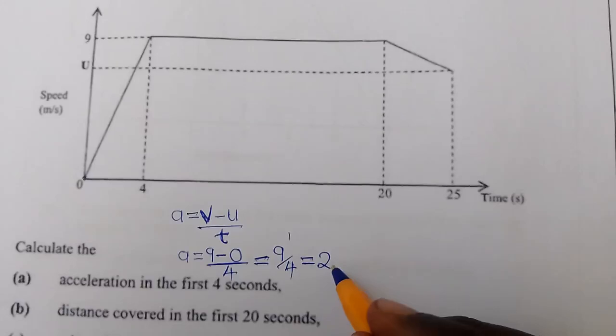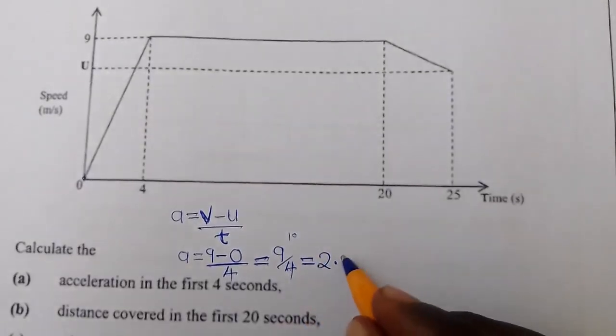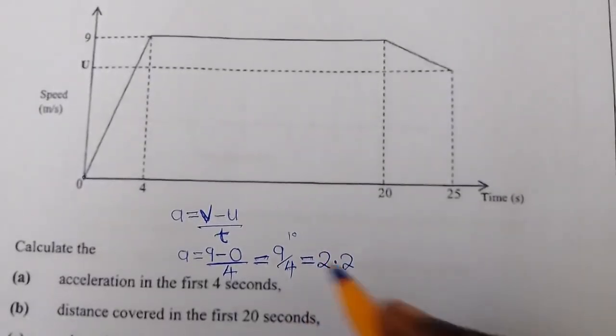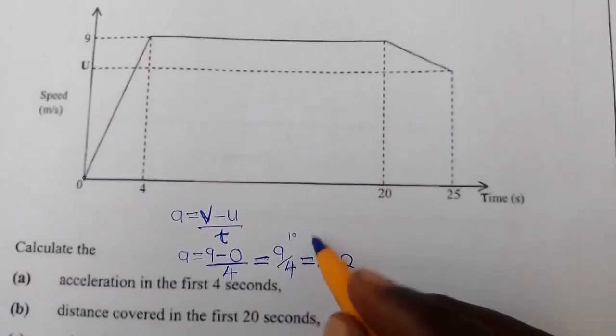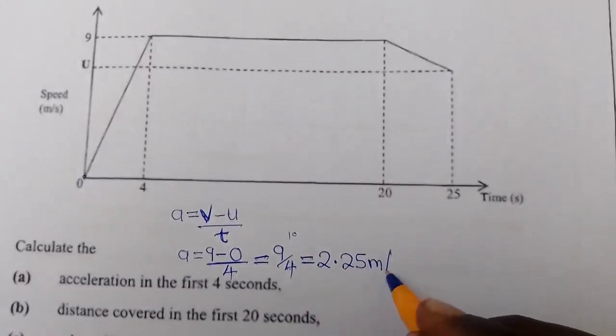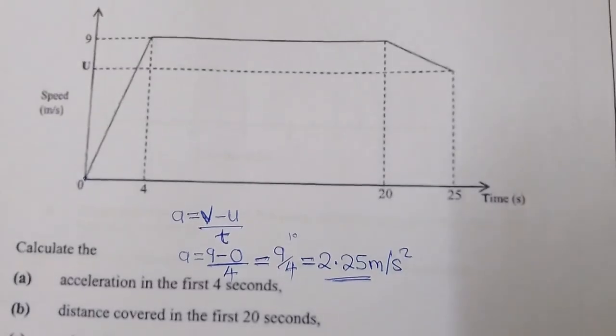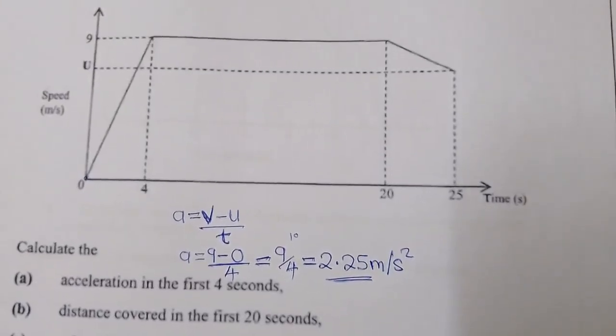Then 4 into 1, it can't. We put a point there, then we put a 0 there. So 4 into 10, it is 2, remainder 2. So 4 into 2, it can't. We put a 0, then we're going to have a 5. So then you say meters per second squared. So this is how you need to answer this first part.